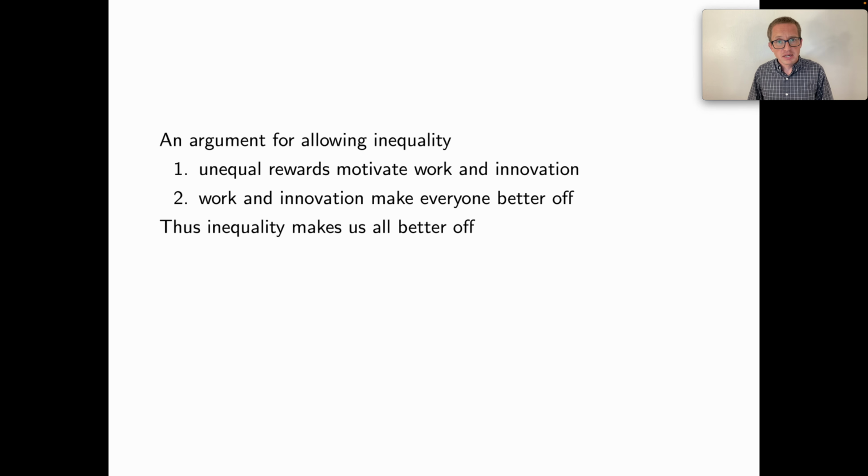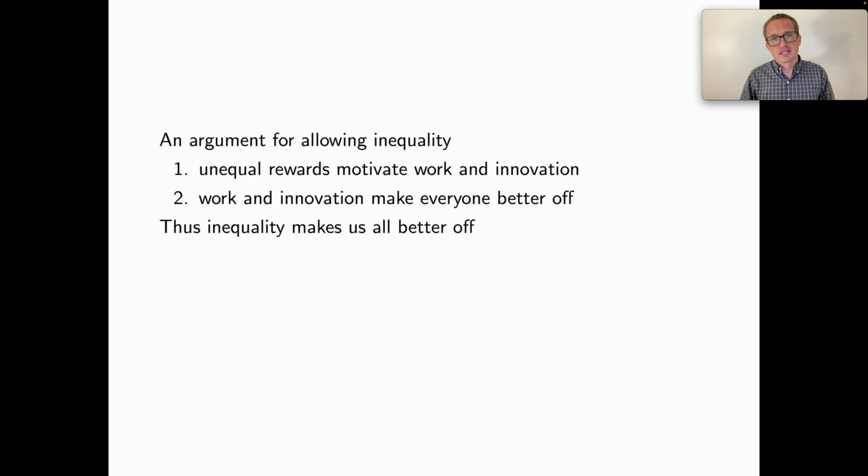Under this argument, we might say, well, we need unequal rewards. It needs to be possible that you can get much more manna than someone else by working lots of hours or being particularly innovative. Perhaps that work and innovation helps everyone, makes the economy more efficient so that even the person who has the least maybe has more under a high inequality regime than they would under a low inequality regime.